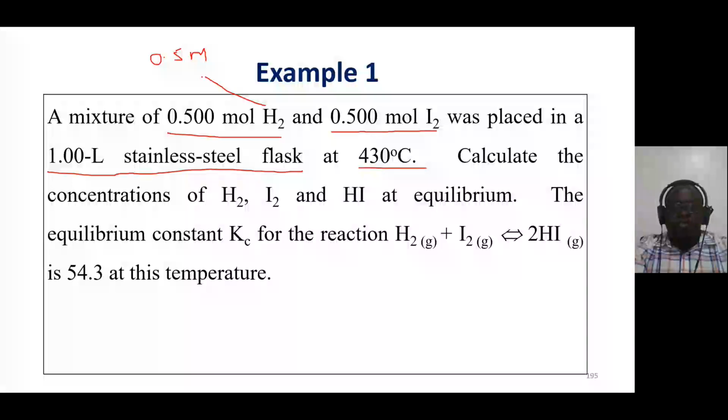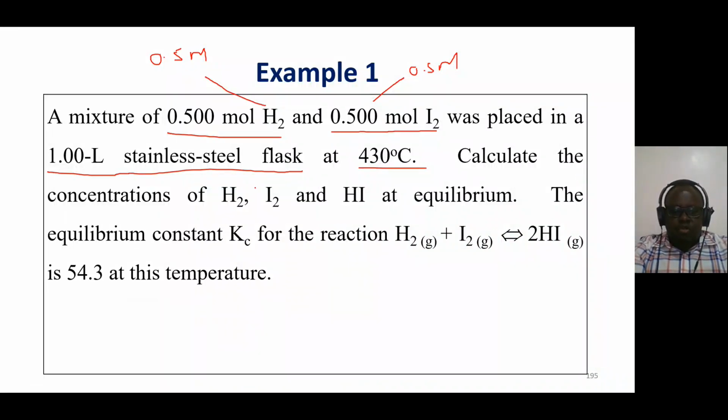Or 0.500 molar. The concentration of iodine is going to be this number of moles divided by the volume in liters. So this one you also get as 0.5 molar. Now these are the initial concentrations of these species.